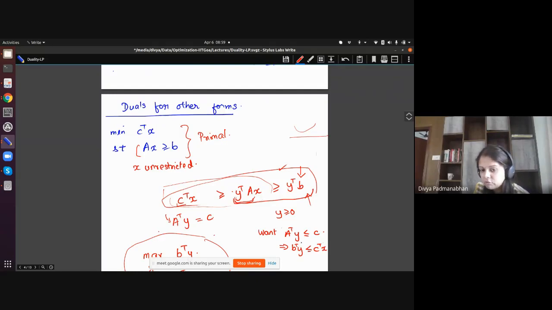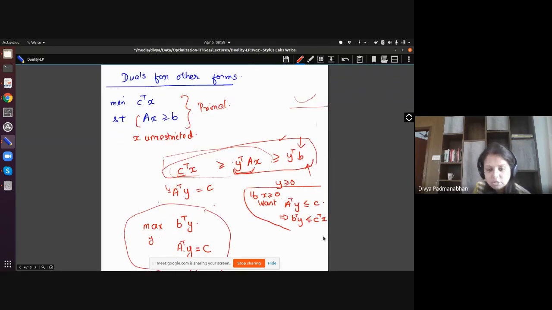Now if X is greater than 0, this is what will work. But since X is not greater than 0, suppose X1 is something like -5.